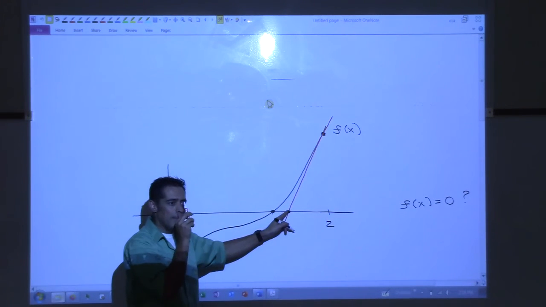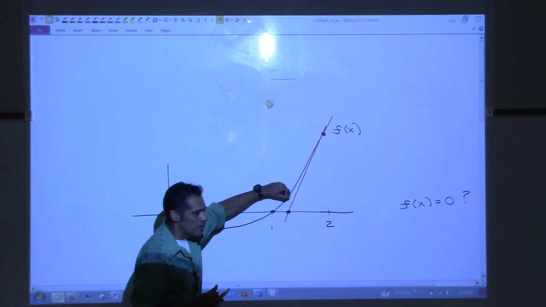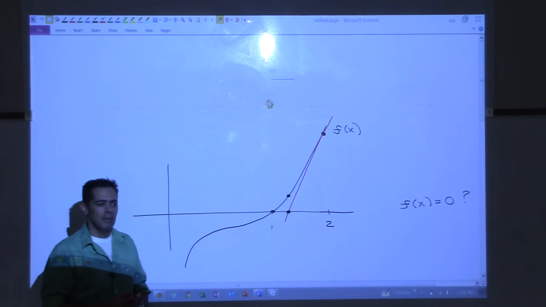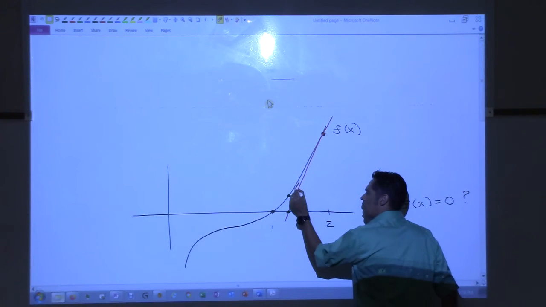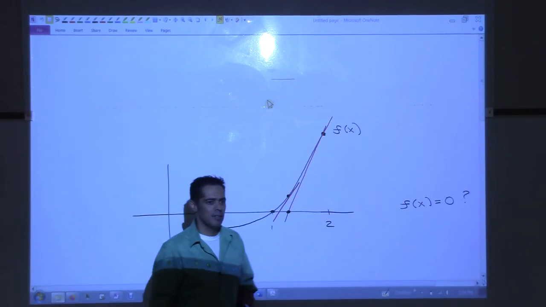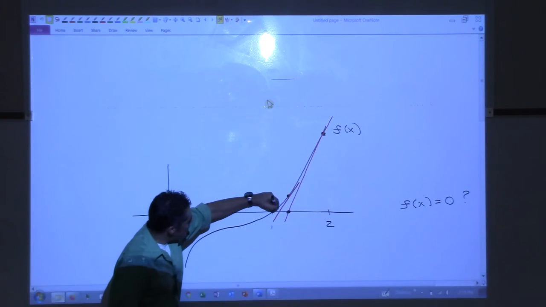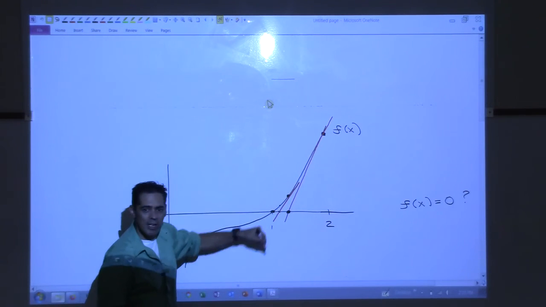It's going to come out positive, right? Then what? Do it again. Take the slope of the tangent line, follow it down to the x-axis, and then take that point as a guess. Plug it in, and then do the slope of the tangent line again.